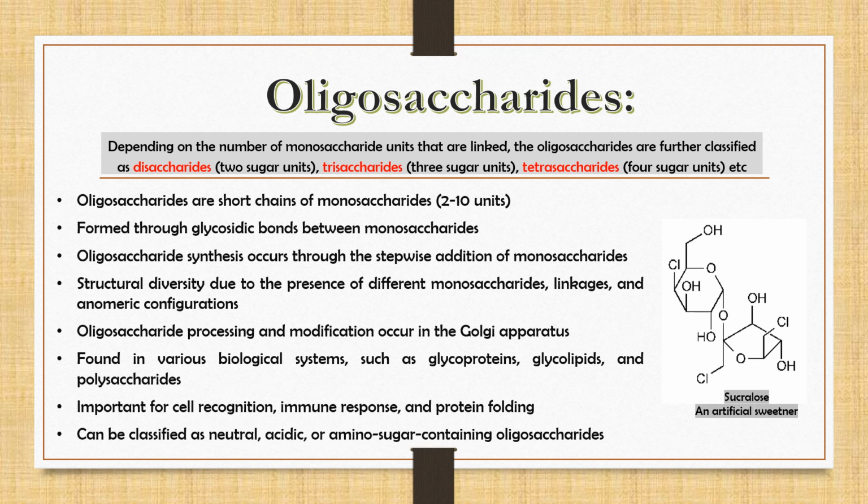Oligosaccharide synthesis occurs through a stepwise addition of monosaccharides, and oligosaccharide processing and modification occur in the Golgi apparatus. This is an example of an artificial oligosaccharide, sucralose.